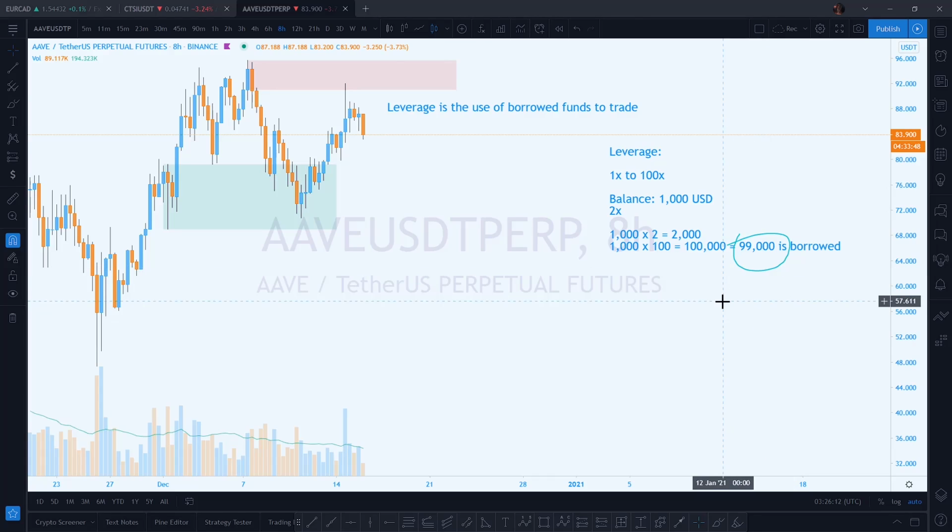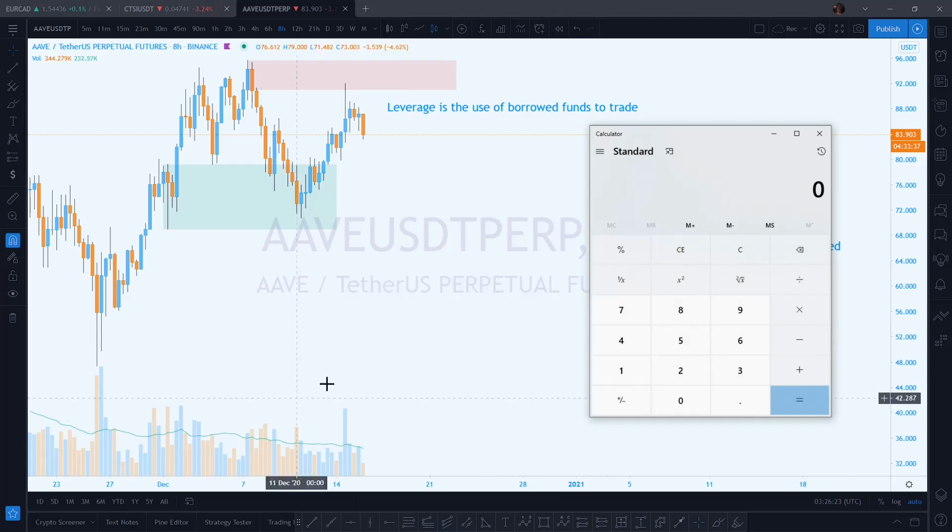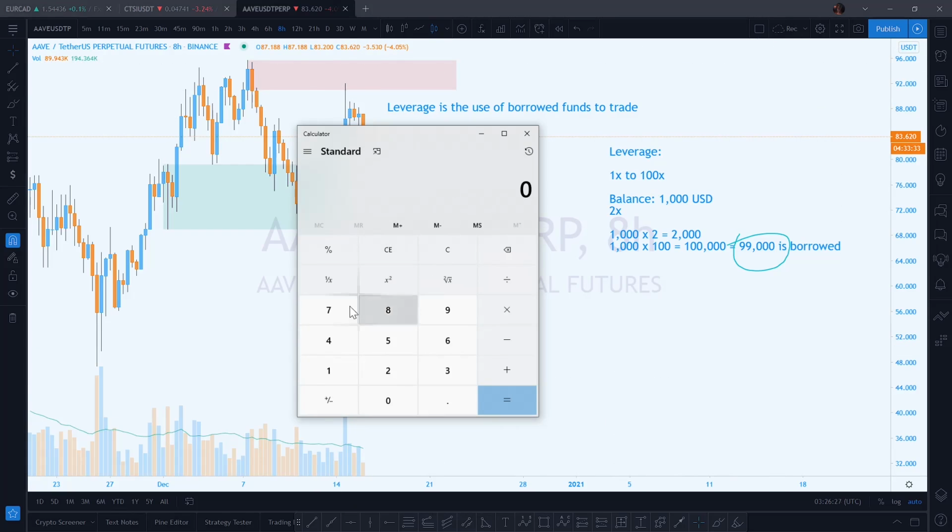But those interests are not noticeable. If you trade with $100,000 and you make a 10% move, that means you are taking a profit of $10,000. You are keeping all this $10,000 to yourself, right?